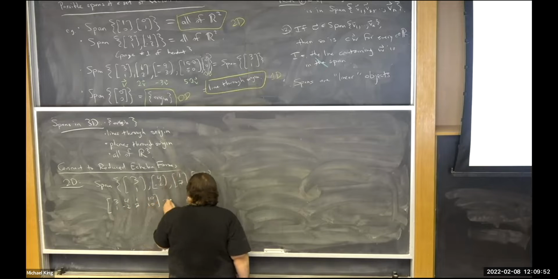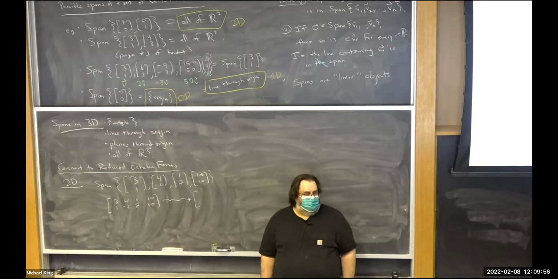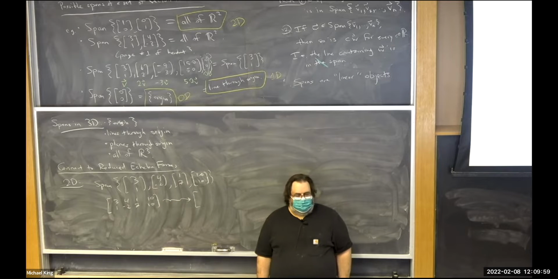And I claim you sort of already know how this is going to row reduce. How is this going to row reduce?